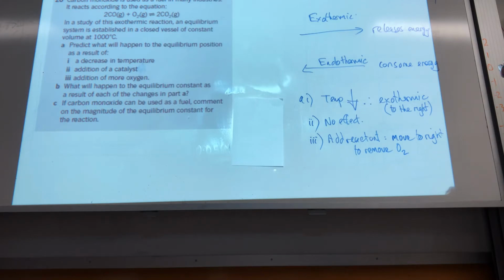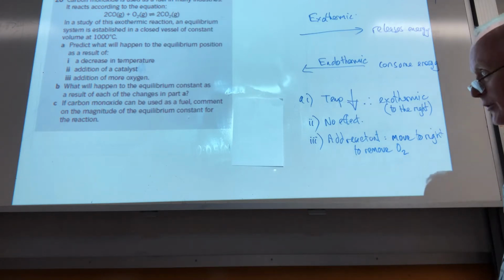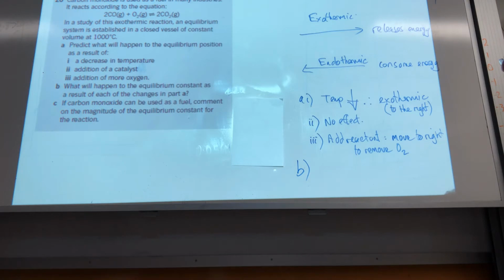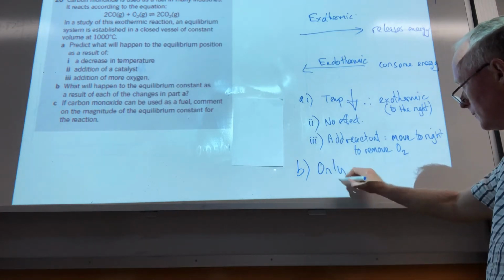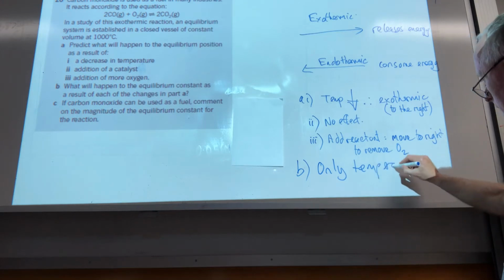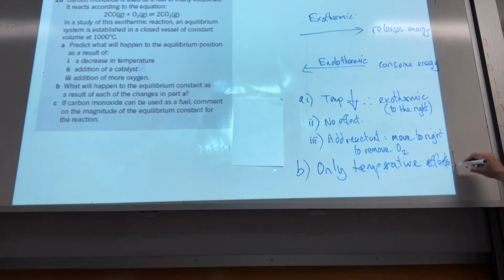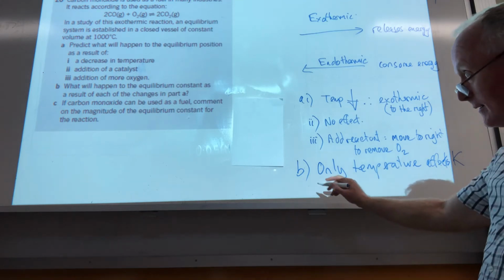Part B, what happens to the equilibrium constant as a result of all these changes? The only thing that has an effect on the equilibrium constant in terms of the Le Chatelier change, the only thing that affects K, is temperature. So that means if the reaction is going forward in A, K will increase.